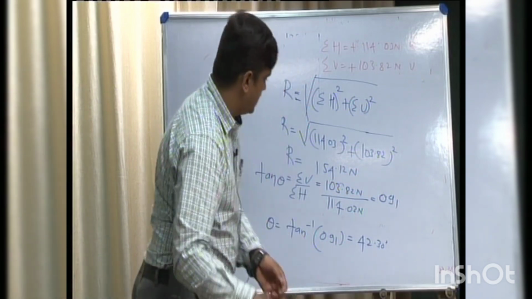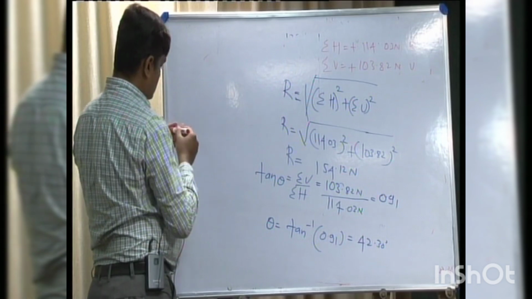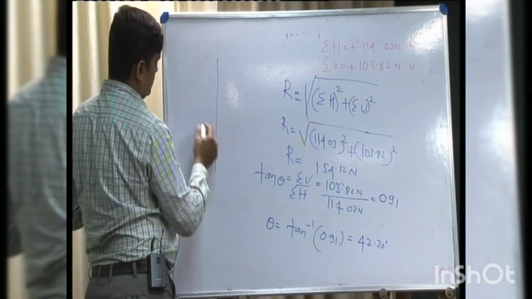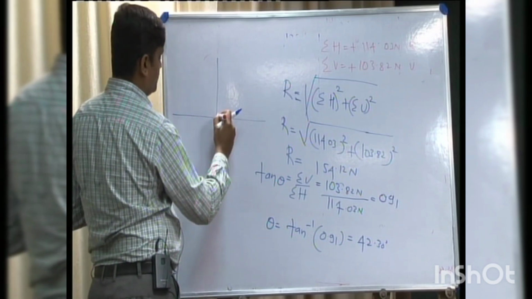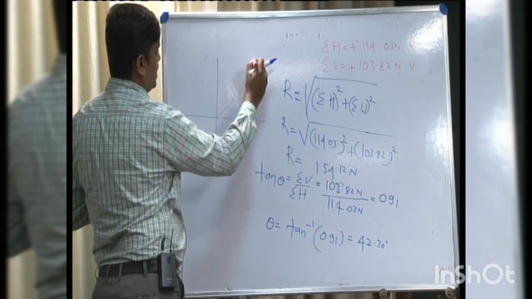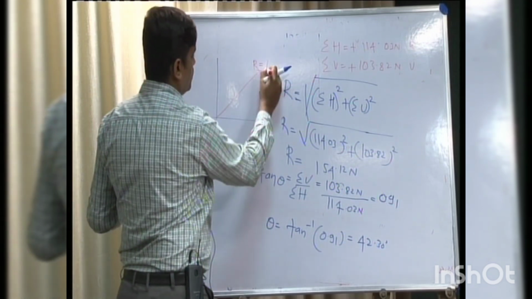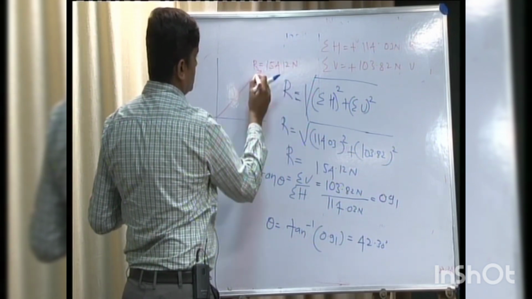Now we represent this in the coordinate system, or graphical representation. The resultant R is how much we got? 154.12 Newton.